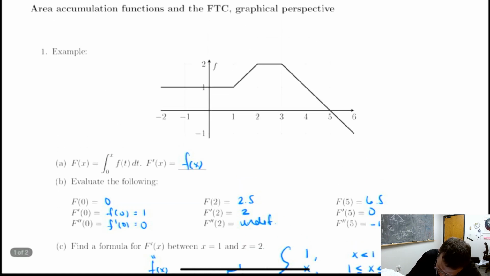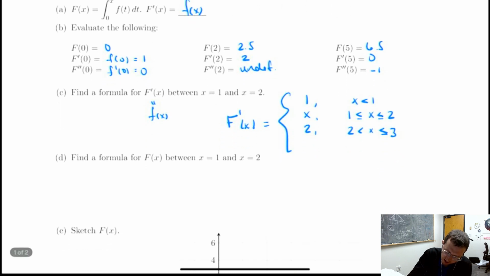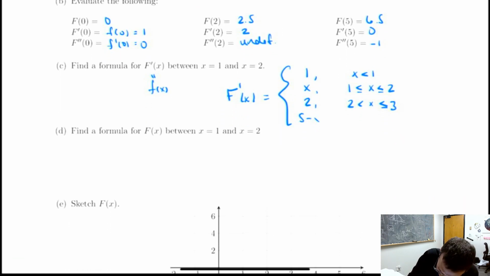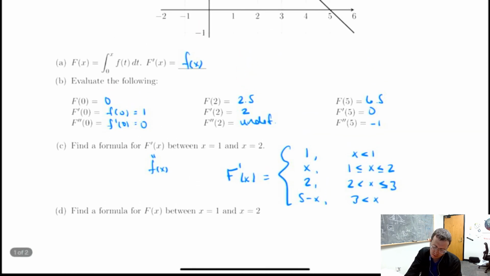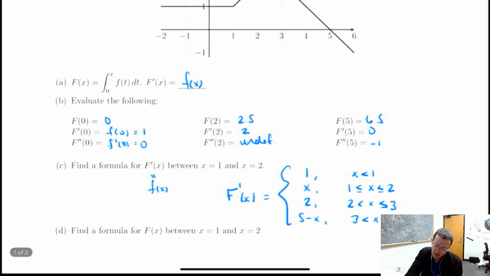And then over here, this is a straight line with a slope of -1, and it has an x-intercept of 5. That means it's got to be 5 minus x. So that is capital F prime of x.